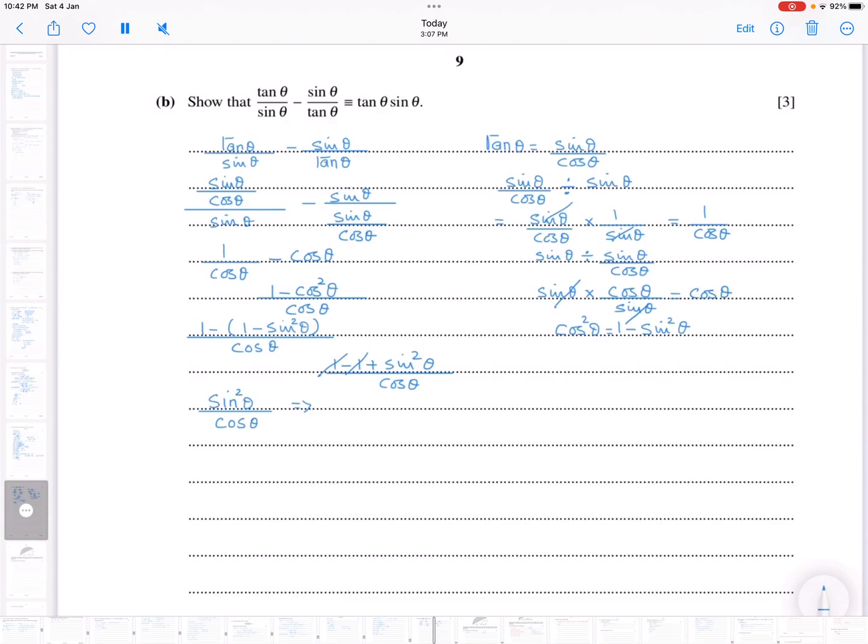So we can split it, like we can write sin theta into sin theta over cos theta. It's the same thing. So sin over cos is tan. So we can write sin theta tan theta, or tan theta sin theta is the same thing, which is the right hand side. So it's shown.